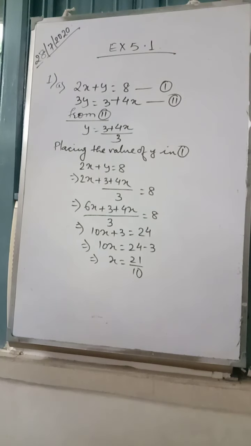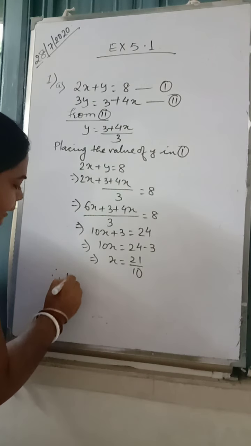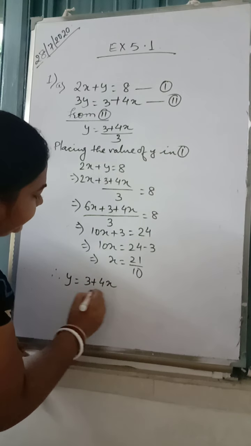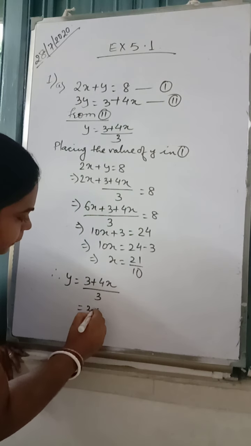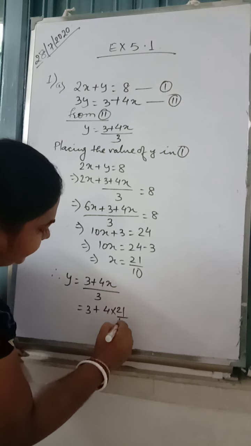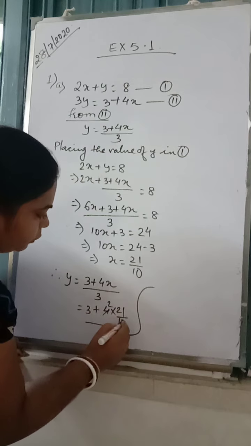The value of x we got. Now the value of x will be placed to get y. y is equal to (3 plus 4x) by 3. So I will be placing the values: 3 plus 4 into 21 by 10, by 3. 2 2s are 4, 2 5s are 10.